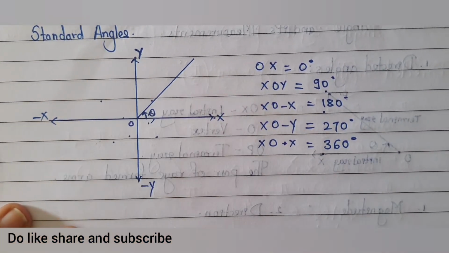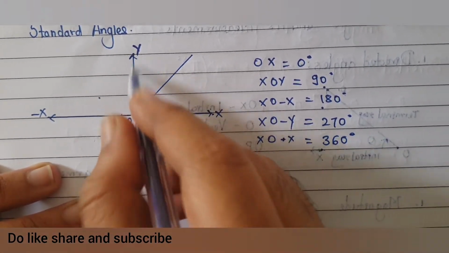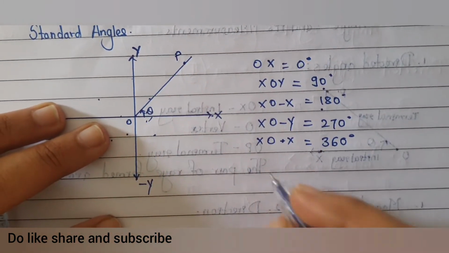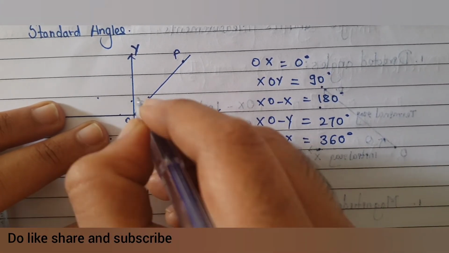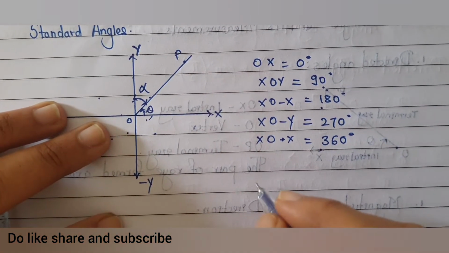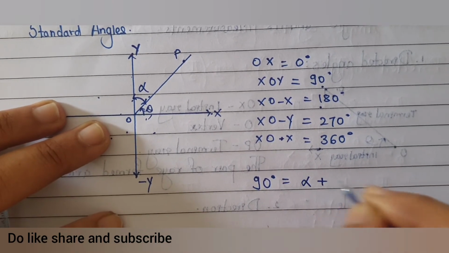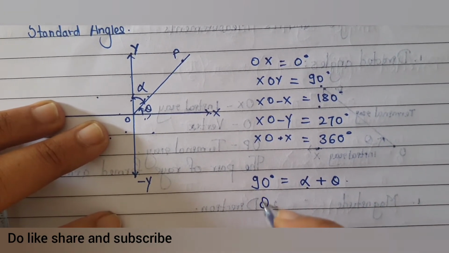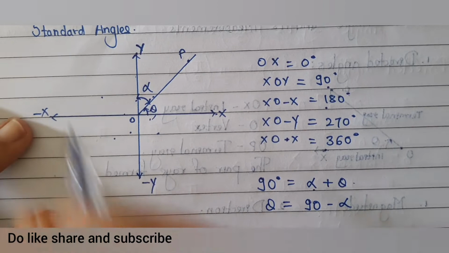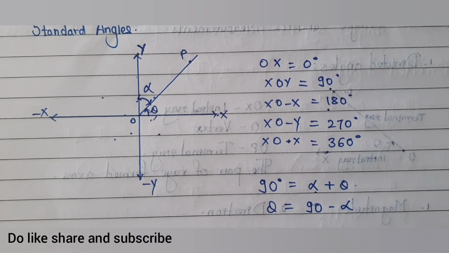Hence these are the standard angles, and you can measure this theta with reference to this y, let us consider this as P. So if you know this value, that is alpha, you can write 90 degrees is equal to alpha plus theta. If this alpha is known, you can easily calculate theta is equal to 90 minus alpha. Hence these standard angles are very useful for the measurement in trigonometry also.